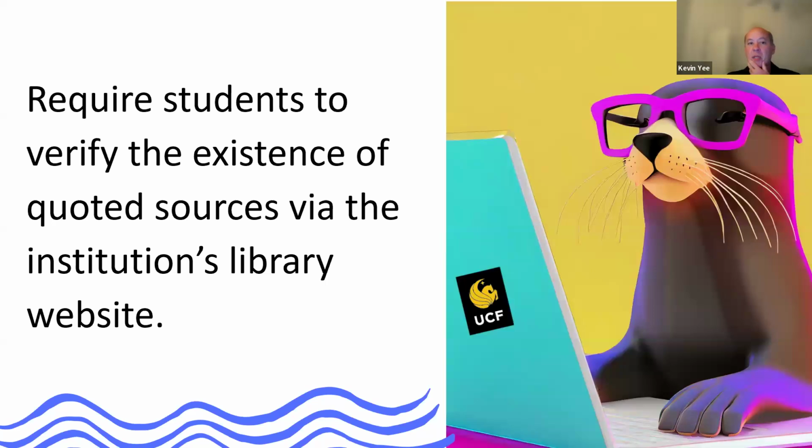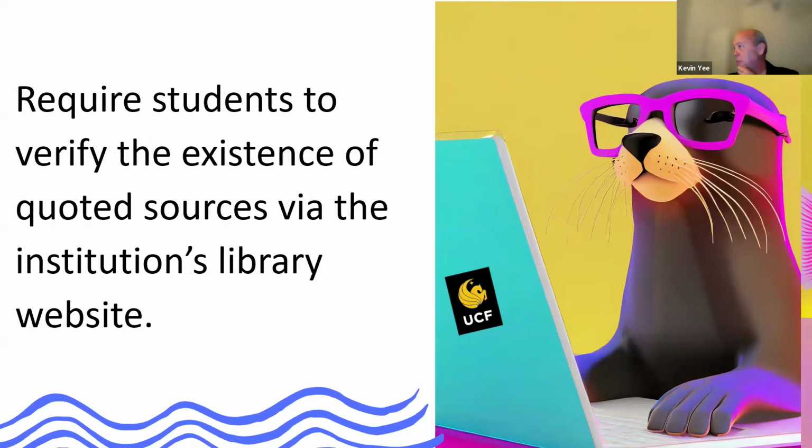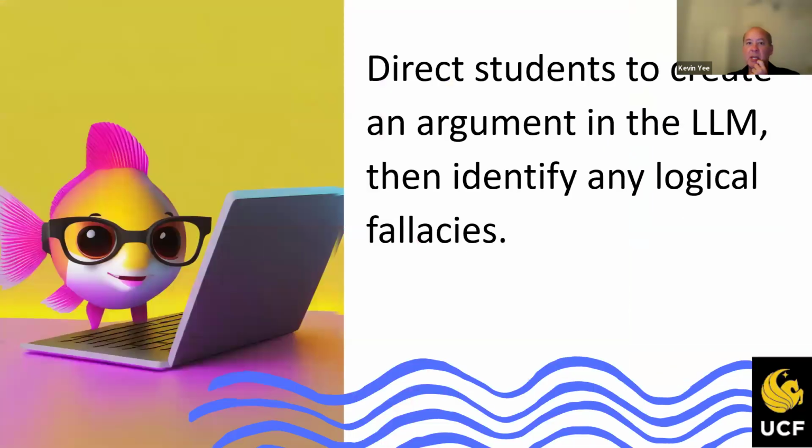So let me go on from there to the next slide. Direct students to create an argument in the large language model and then identify any logical fallacies. So this is one of many examples from the book that is a variation of generate an output and then, quote, do something with it.